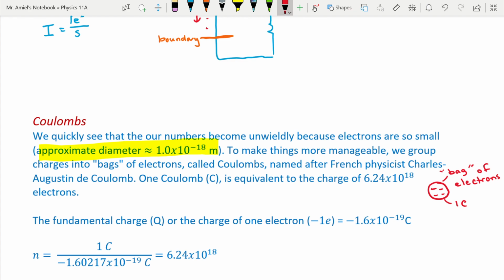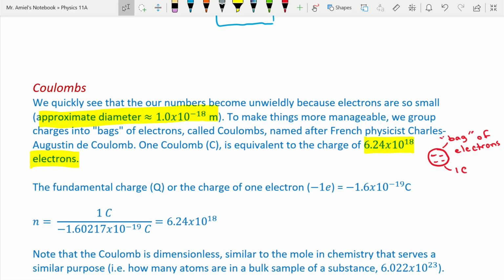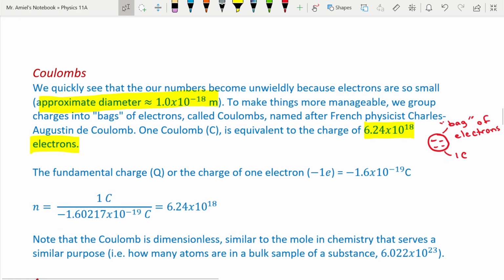Now, how did we come up with this number? Where is it coming from? Well, the fundamental charge, and we call charge Q, so this is important to know.